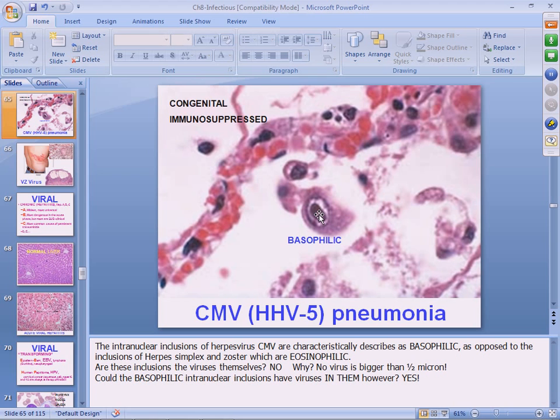And like the other viruses in the herpes family, there's a big intranuclear inclusion. Are you seeing the pattern here? Now, when I show you the next slide, which you may be looking at already because you know it's coming up, you see another vesicle down here, and another vesicular rash.